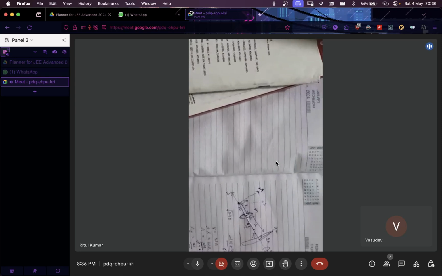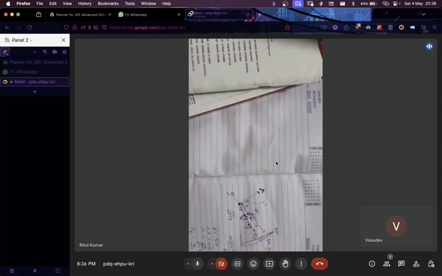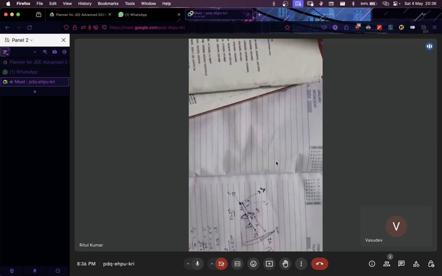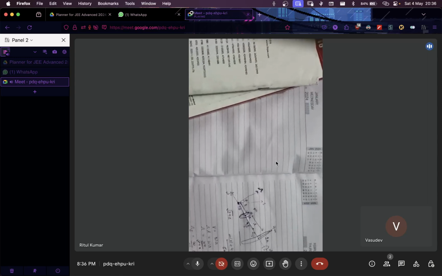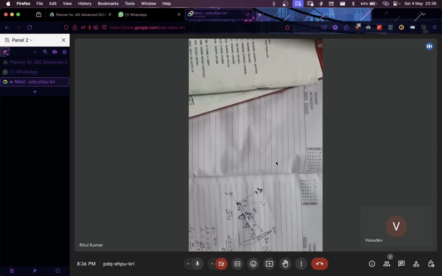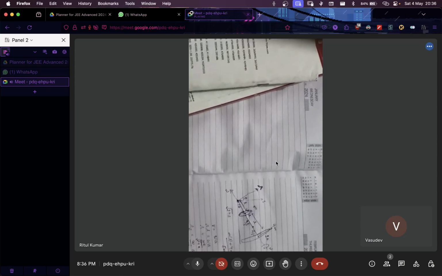Angular momentum of center of mass means we have to assume that there is a point which is positioned at center of mass of the system.